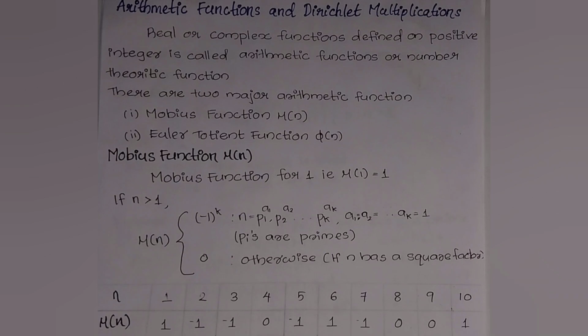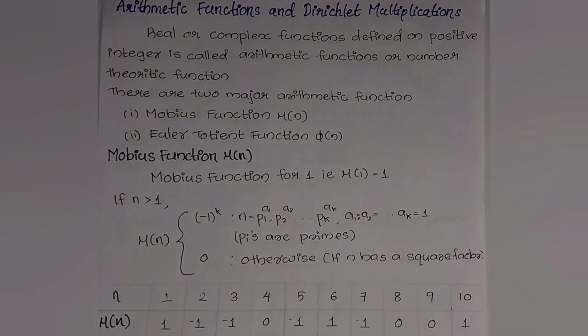That is, if n is a product of k distinct primes, then the Mobius function mu of n is equal to minus 1 raised to k. And if n has any repeated prime factors, meaning if n contains a square factor, then mu of n is equal to 0.